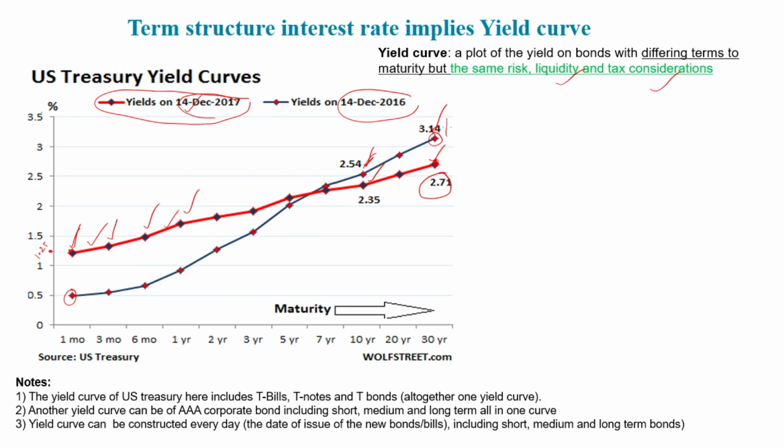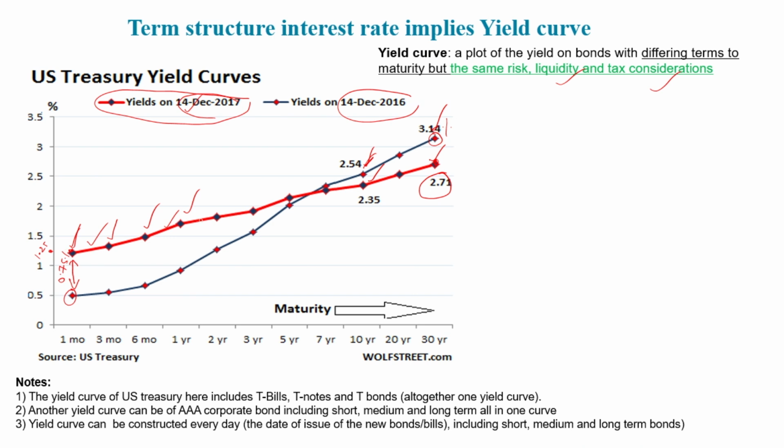So you see the difference. This is actually 1 year before and 1 year after. In 2016 December and 2017 December, the same kind of instrument, you can see that over time there is a difference. For the same, you can see that here the difference is 0.75. That is the rate of interest difference, right?